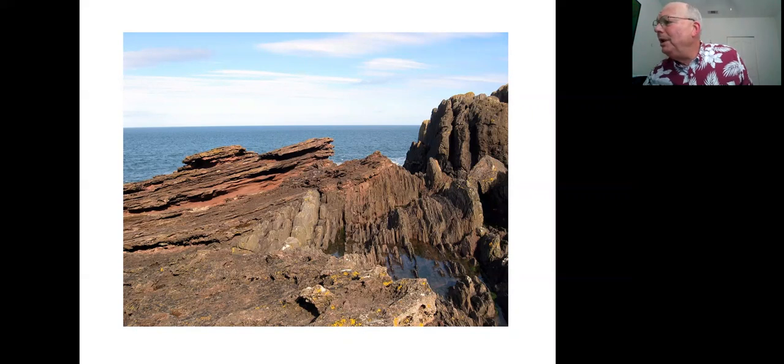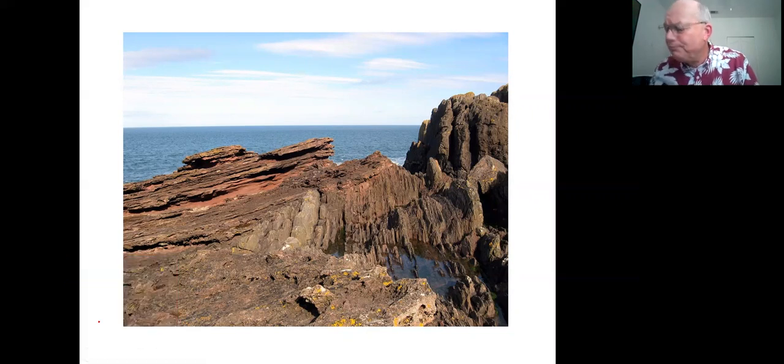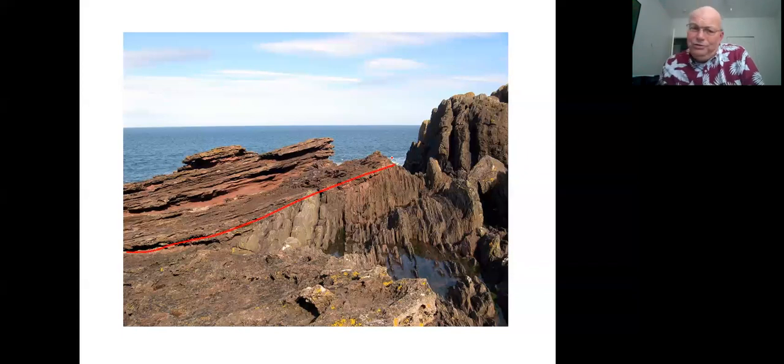And I'm going to fire up my drawing tablet and pen, which I have with me on the desk here so I can make notations on the slides. What is important to note is this line that runs through here, which should be pretty obvious to you. And you can see that the layers of sediment in this layer are vertical, whereas the layers here are horizontal.